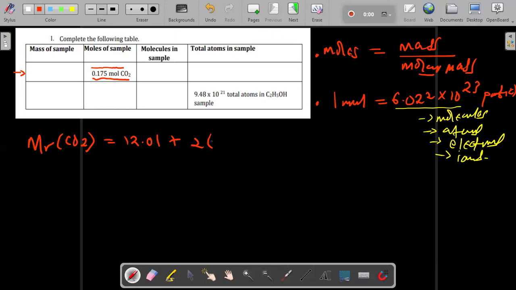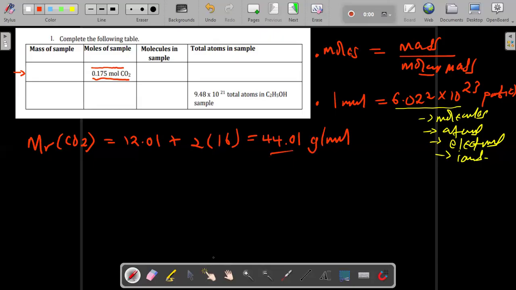The molar mass of oxygen we can get as 16. So 12.01 plus 16 multiplied by 2, which is 32, gives me a molar mass of carbon dioxide as 44.01 grams per mole.